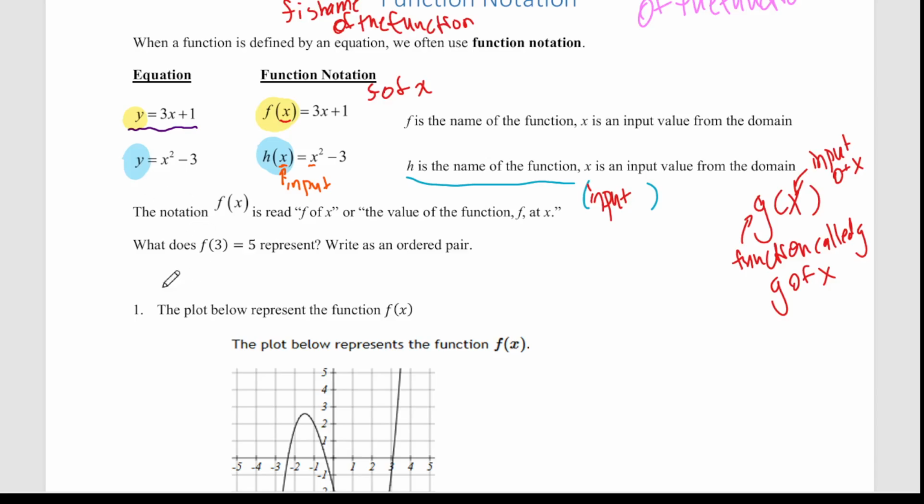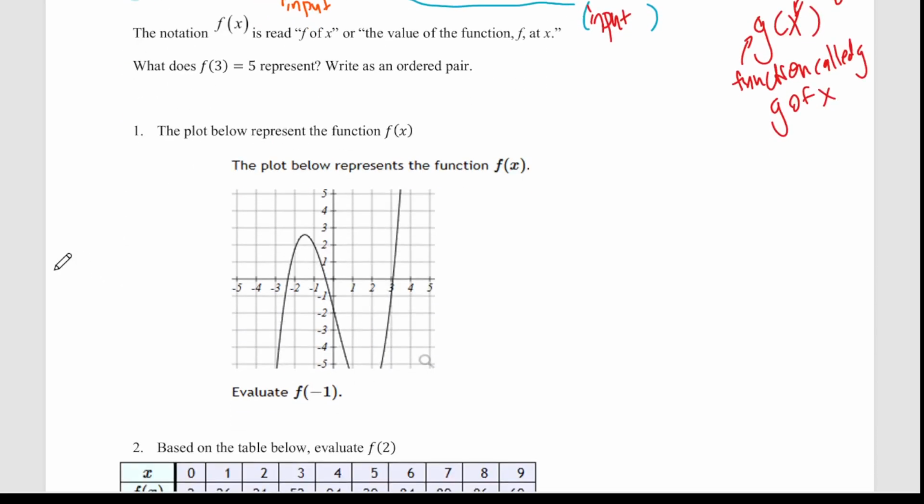So let's take a look at some more notation and how we actually interpret this. So if you have something like f of 3 equals 5, remember in this f of x notation, the 3 has taken the place of the x. So in particular, that means when x equals 3, when your input is 3, the output y equals 5.